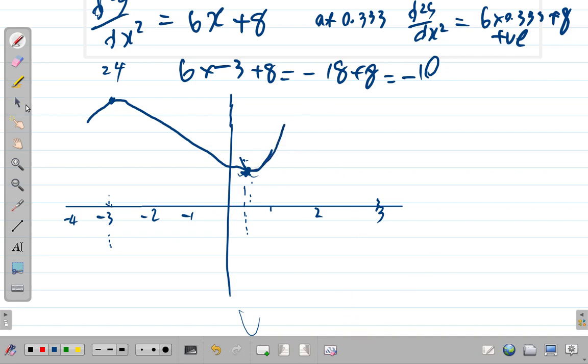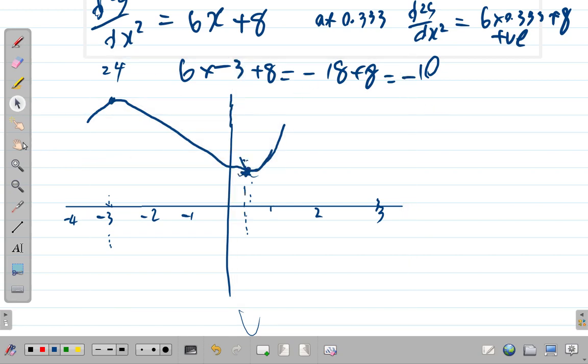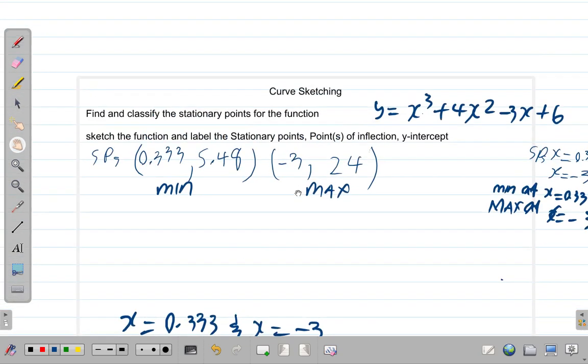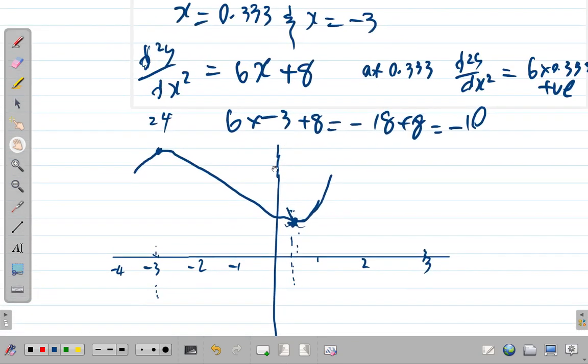Now, what else do they ask for here? They say point of inflection. Where exactly is the point of inflection? The point of inflection will be somewhere along here, but let's calculate it.